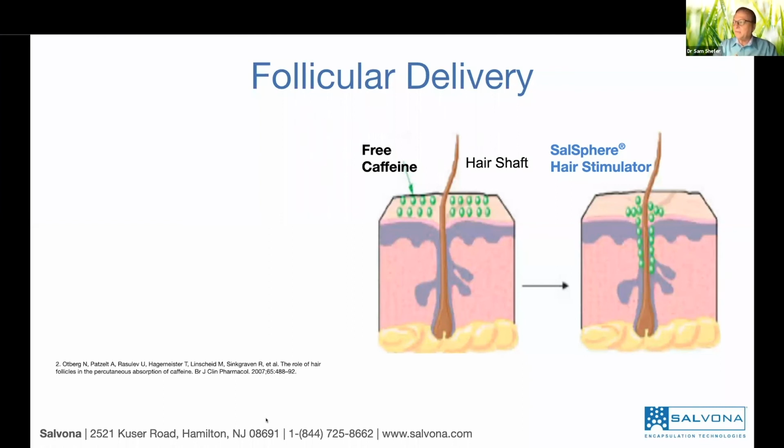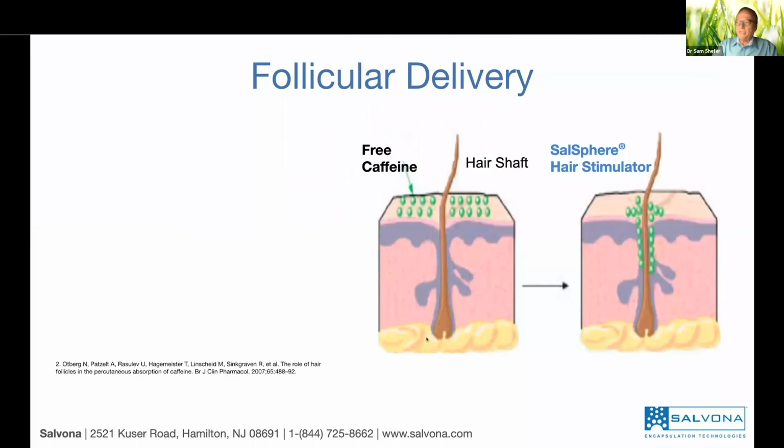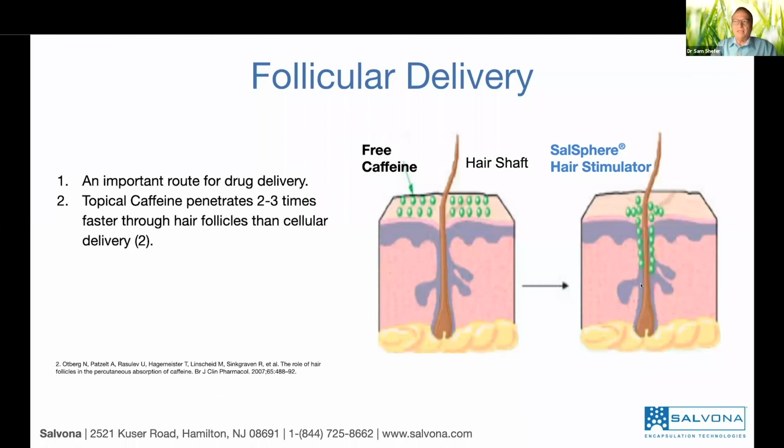You see in this structure a cross-section diagram of the hair follicle. If there is no follicular delivery, then everything that we use will stay on the top, and very little will go into the deeper layers of the skin. But with SalSphere Hair Stimulator, it has an affinity to go inside the hair follicle. So the hair follicle is a very important route for drug delivery.